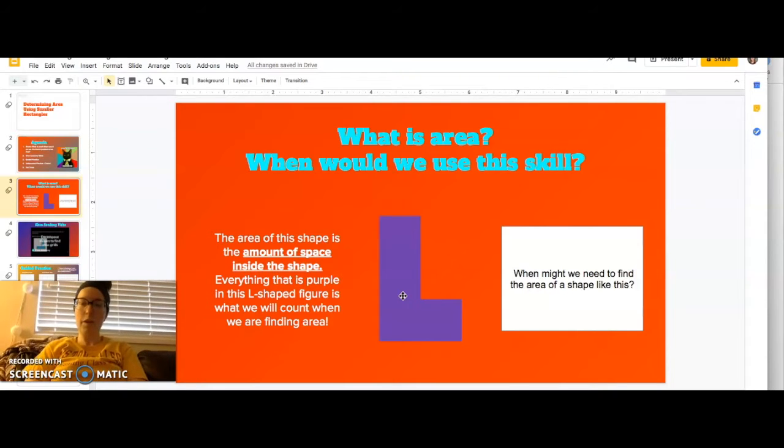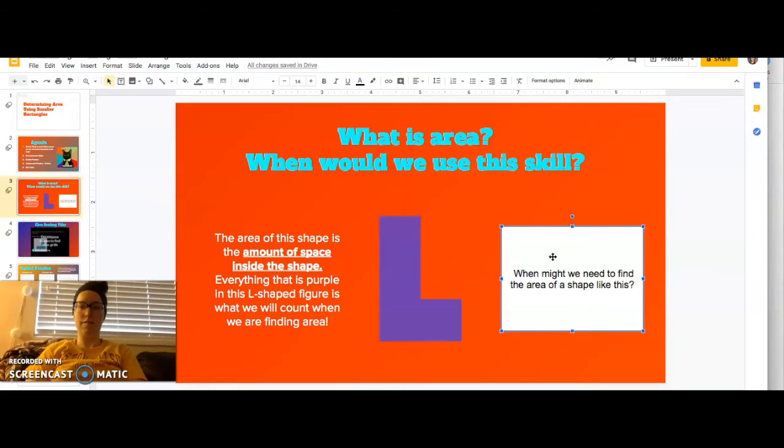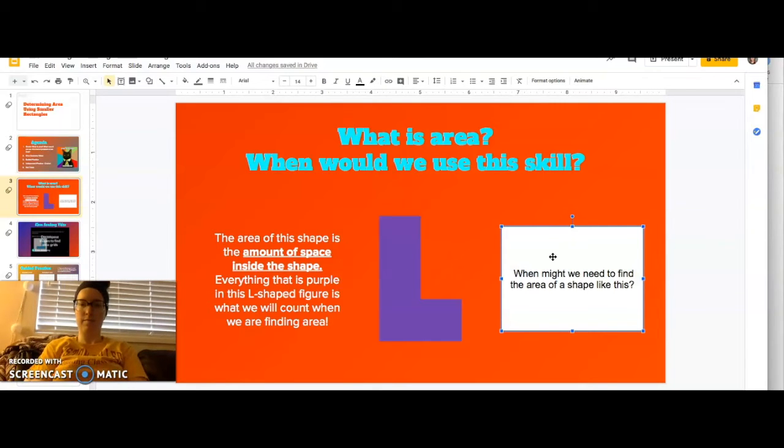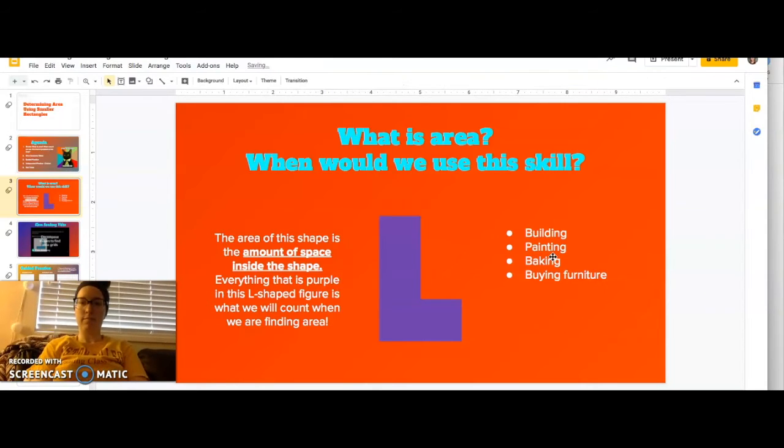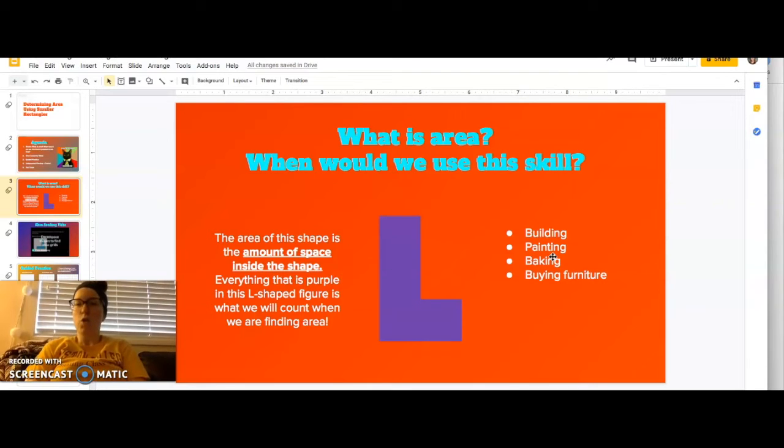Okay, so now that we know what area is, when might we need to find the area of a shape like this? There are many different uses. What if you were an architect or you were in construction and you were trying to find out the area of a building that you were putting together, right? That's really important.